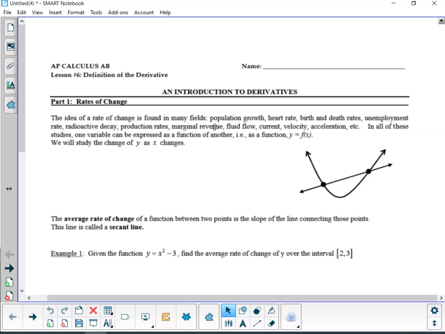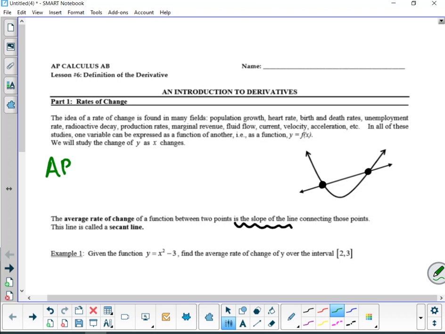Meters per second, feet per hour, dollars per hour, those are all rates of change. Tons of applications in the world deal with rates of change. An average rate of change is a slope. It's the slope of the line that would connect 2 points.